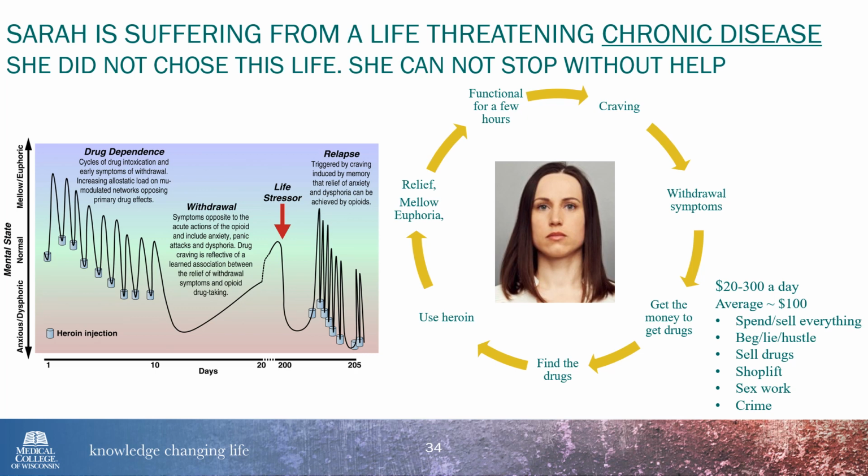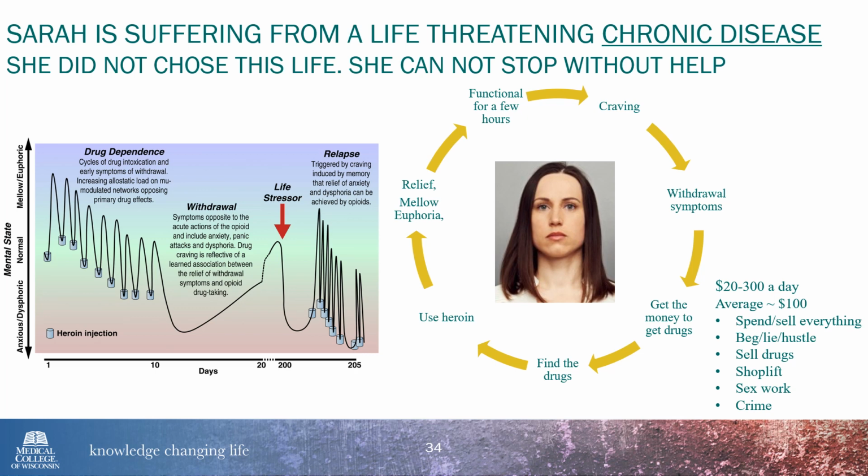But the problem is that the body achieves homeostasis over time, and through repeated use of that drug, you downregulate receptors in your brain. What tends to happen is you're eventually just using to feel normal. You're not achieving those highs, but you just feel awful all the time.